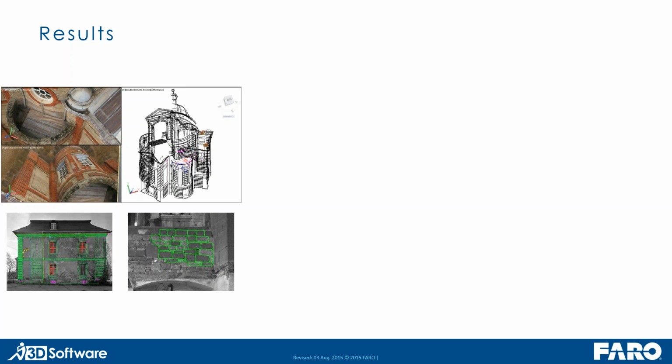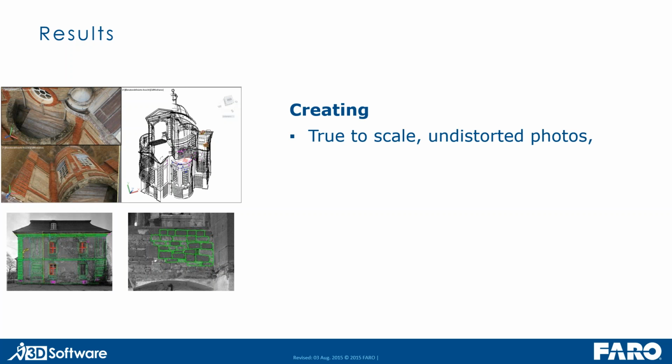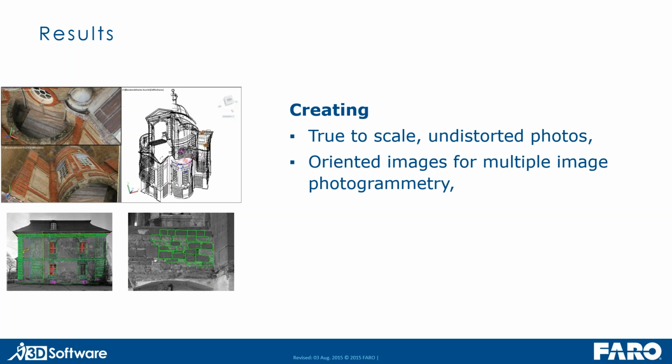With PhotoPlan, you can create true to scale, undistorted photographs to use them as image plans. You may also create oriented images, which are just an intermediate result for using them for multiple image photogrammetry.